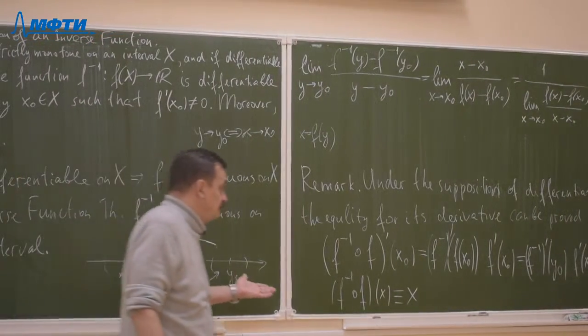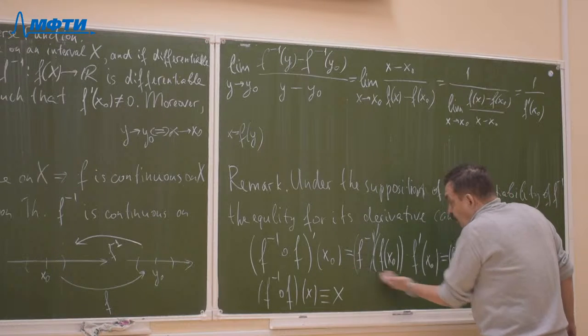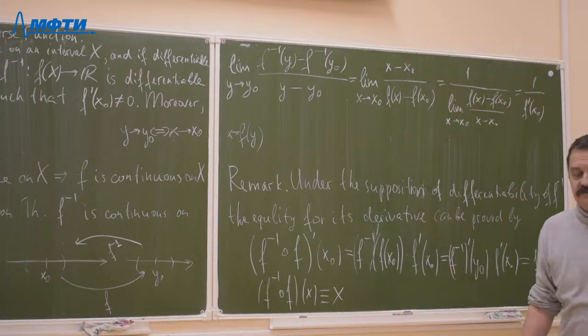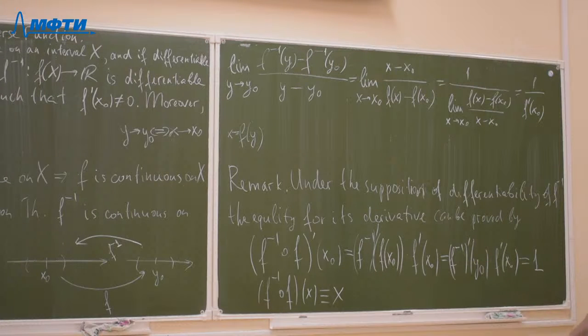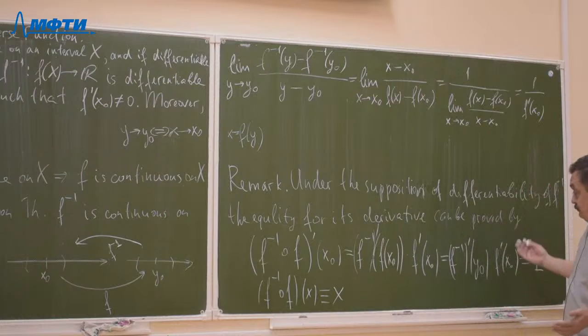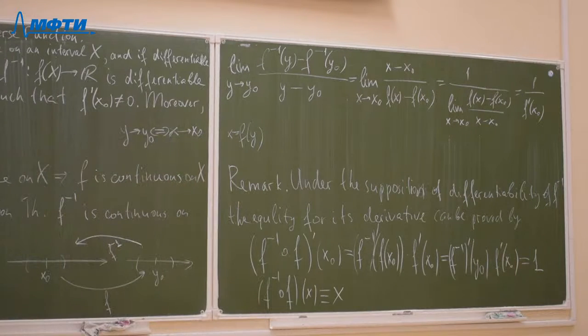But you see that there is no way to prove that the inverse function is differentiable in this way. So you should suppose in advance that the function is differentiable.